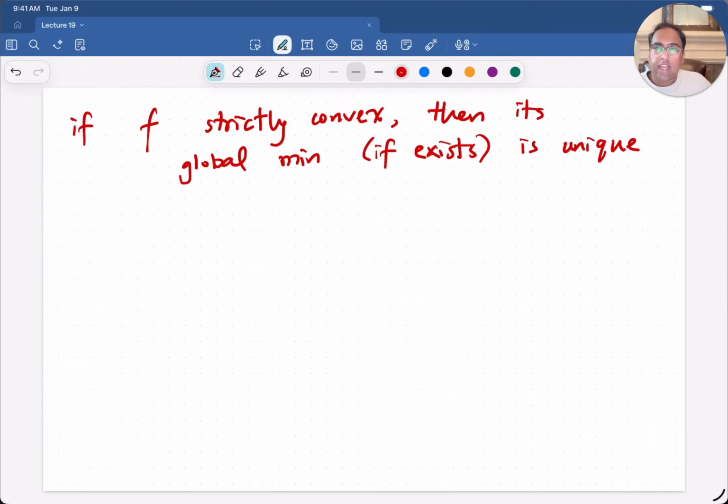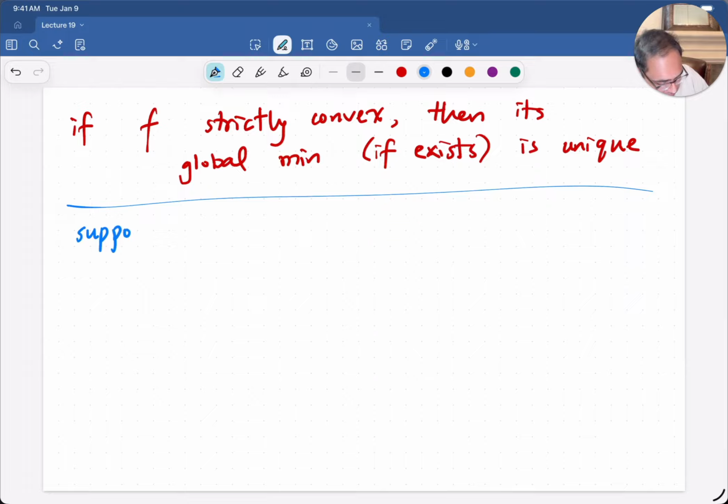Okay, and again, now is a good point to perhaps pause the video and think about how you would go about proving this. But here's what I want to try and do. And you'll see that we're going to approach this similarly in some ways to the first proof we did involving the definition, which is that any local minimum is a global minimum.